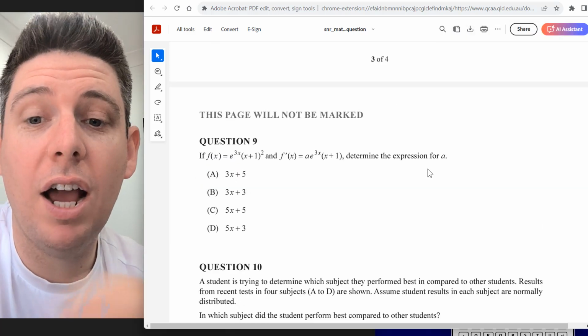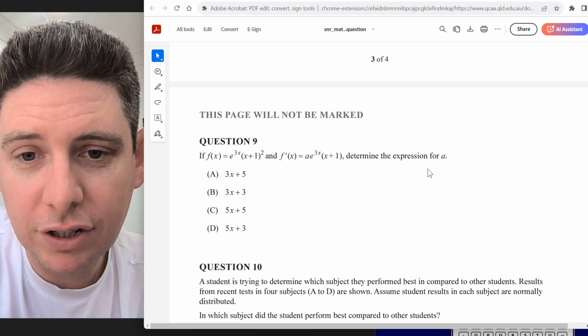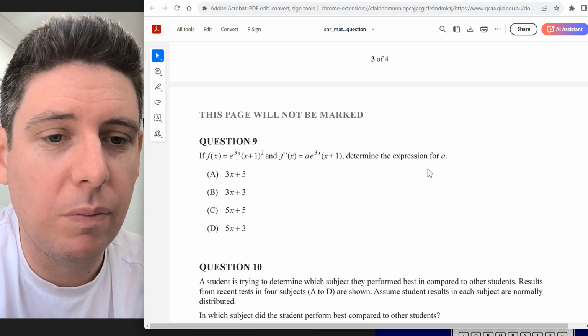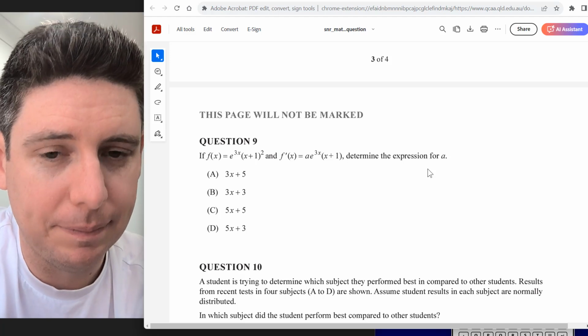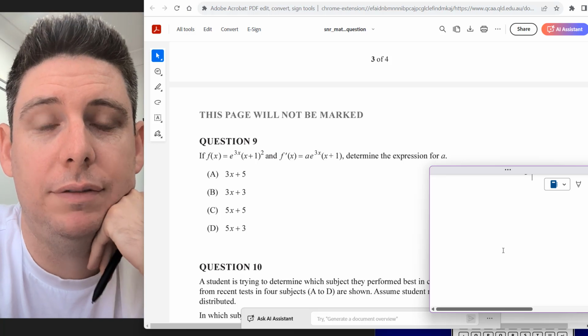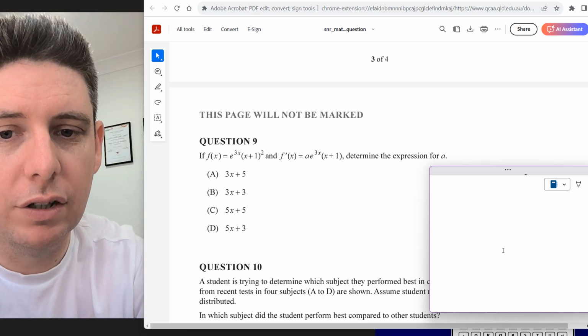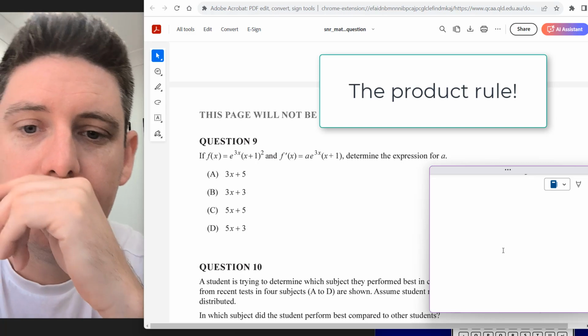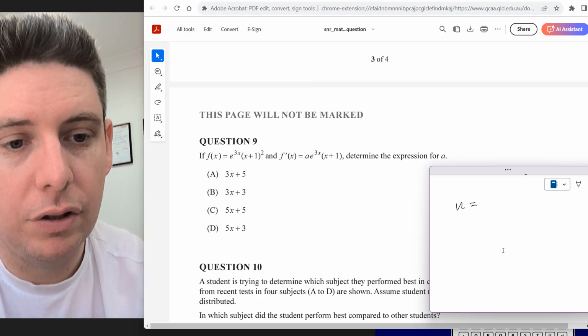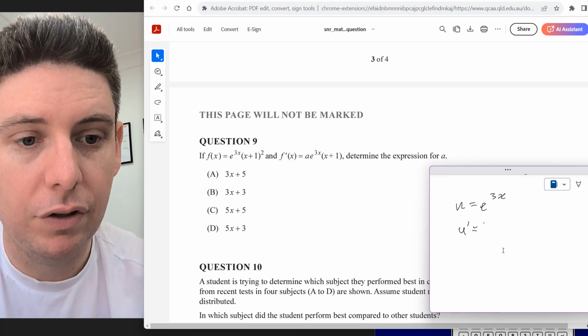All right, question 9. If the function equals that and the derivative equals that, determine the expression for A. So I think we just need to do the derivative. So we've got two functions multiplied together. Let's call it u, derivative of u is 3.